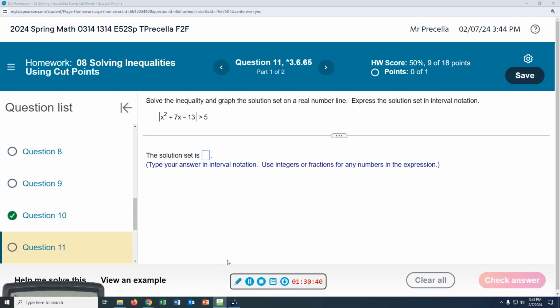Just trust me. I'll look at view and example in a moment with you once we're through with this. But problems 11 and 12, you can impress people with this. People that don't know the cut point method are going to have a very hard time.